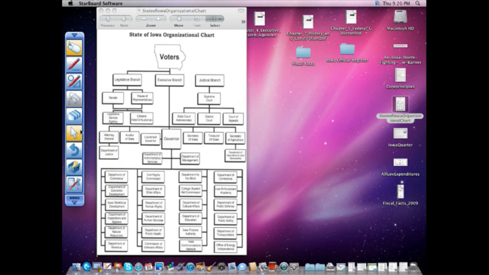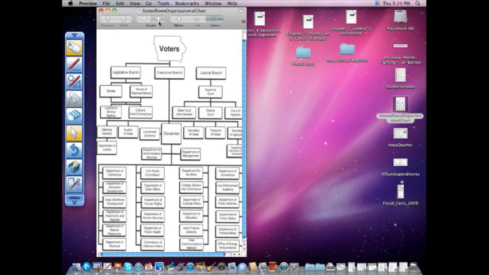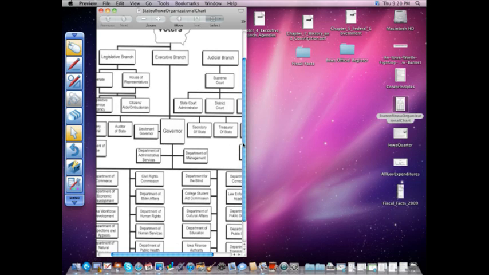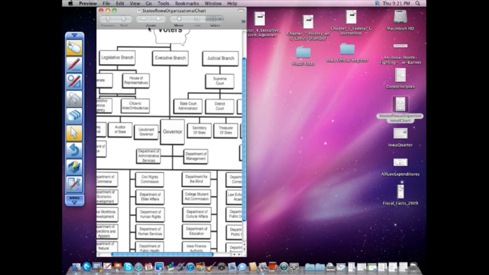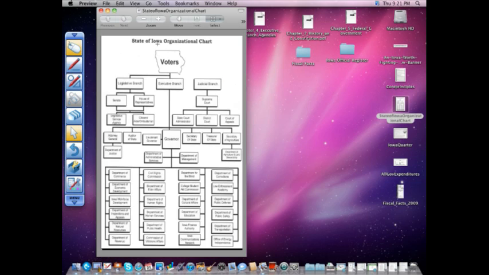This was the chart that I received, by the way, from state government. So there was not a more current chart, but there have been a couple of slight changes. For example, the Department of Elder Affairs is now the Department of Aging. So it doesn't fundamentally change what we're going to talk about.